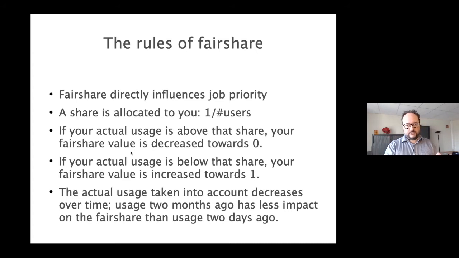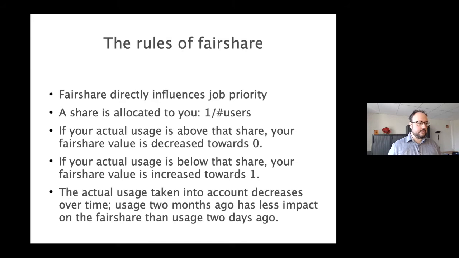And this 0 to 1 range is multiplied by the weight we've seen in a previous slide. One important thing is also that the actual usage taken into account decreases over time with a half-life decay, as I said earlier. So if you used the cluster a lot 2 days ago, it has a higher impact than if you used the cluster a lot 2 years ago.